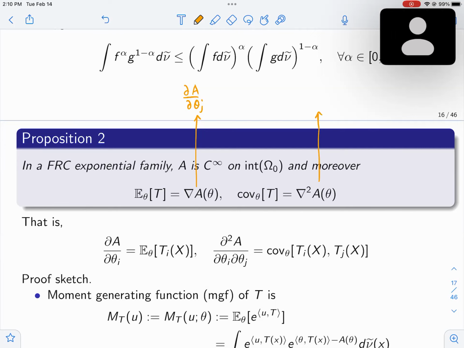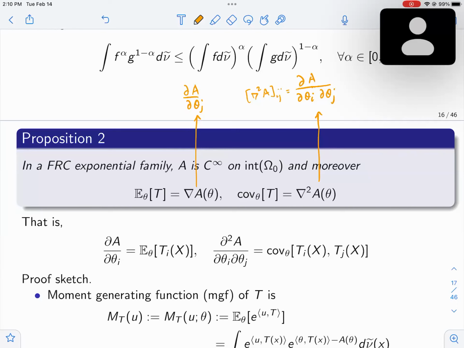The Hessian is a matrix whose elements are these mixed partial derivatives. The second order partial derivative with respect to theta i and theta j would give you the ijth element.